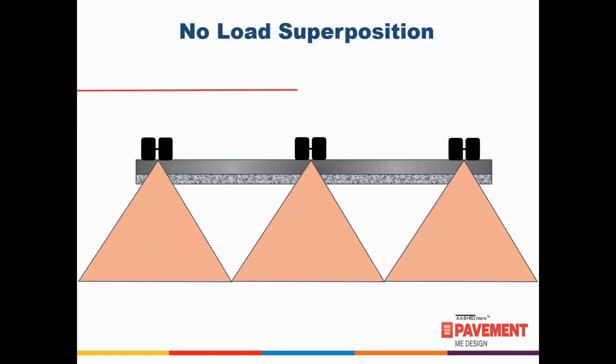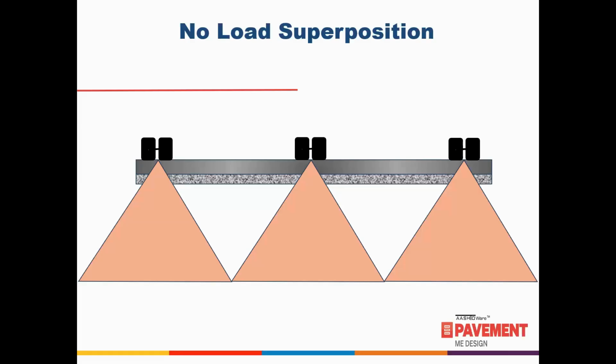And of course, this is just basically influencing the unbound layers. The tires would really have to be tight, almost on top of each other, in order to superpose the stresses that are induced under one set of tires. And you can run the analysis. You can do a sensitivity analysis and see how tire spacing matters, and you'll see that really until one dual tire is really close to another, or a single tire.